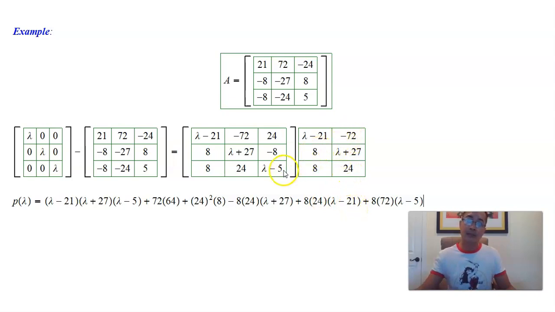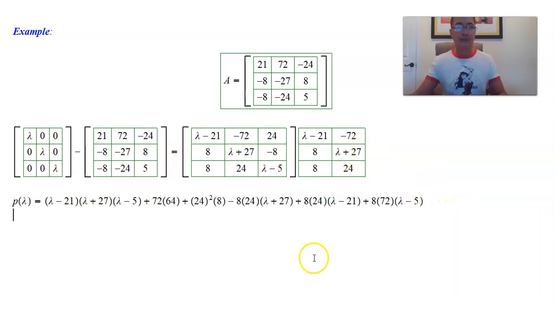And then plus 8 times 72 times lambda minus 5. All right, so although it is messy, it's really just arithmetic and algebra, okay? So yeah, we know how to compute that number and then distribute to lambda minus 5. The other two are the same idea, okay? We know how to plug that into a calculator. It's really just the first term that's really messy, okay?